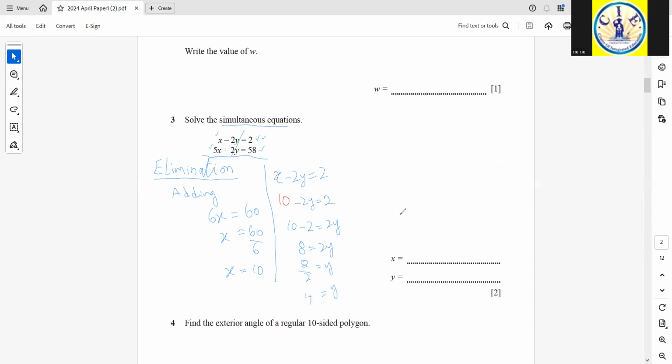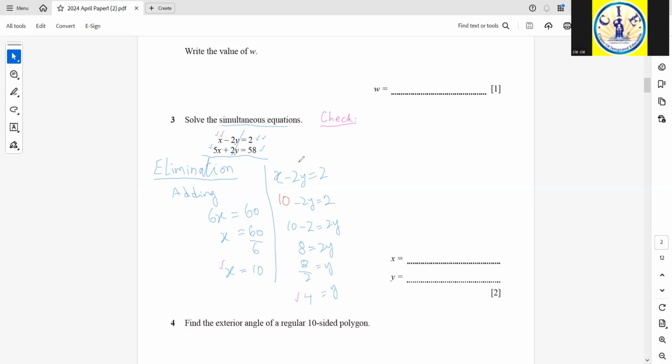Okay, so this is how this question is to be done. And one thing, once we are done with the solution of the question, we can check whether our answer is correct or not. For that, we can take any of these two equations to substitute the values of x and y that we have calculated. Since equation number 1 is simpler, I'm going to replace the values in equation number 1.